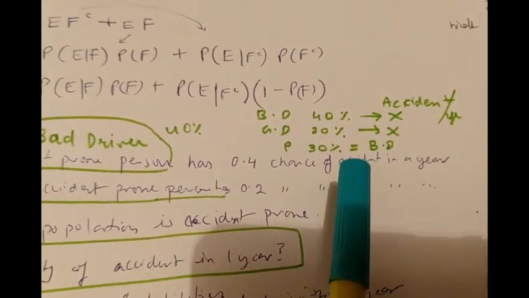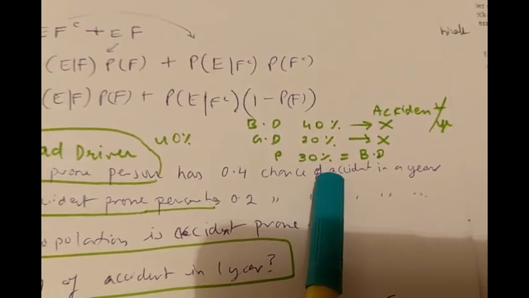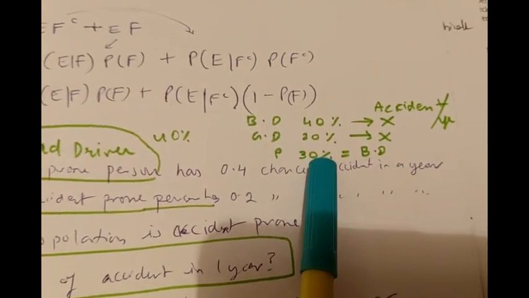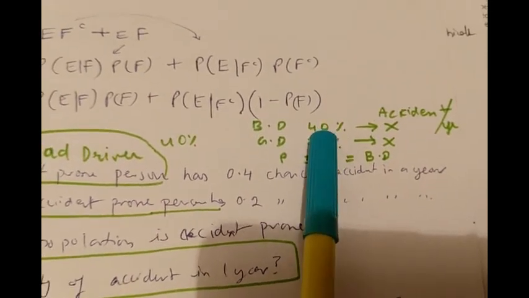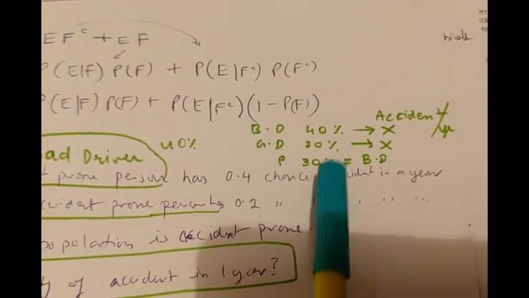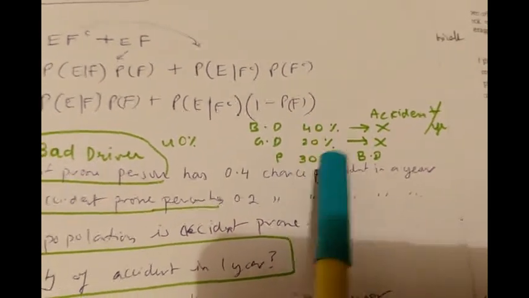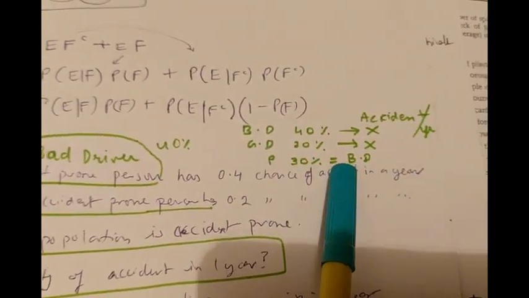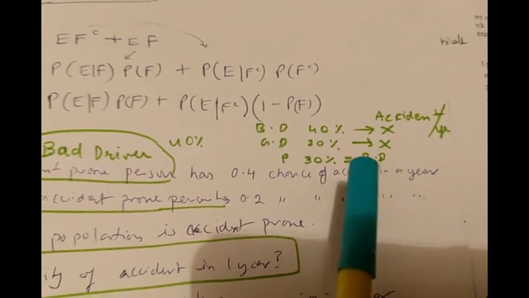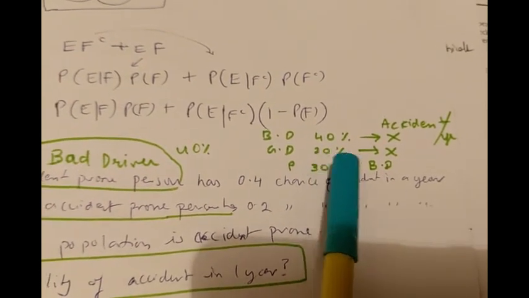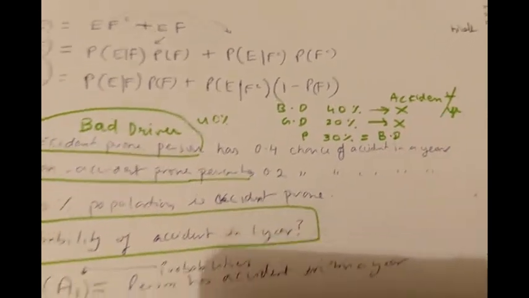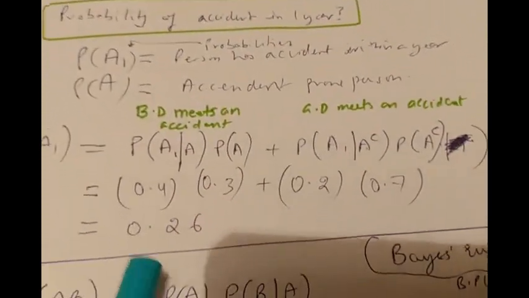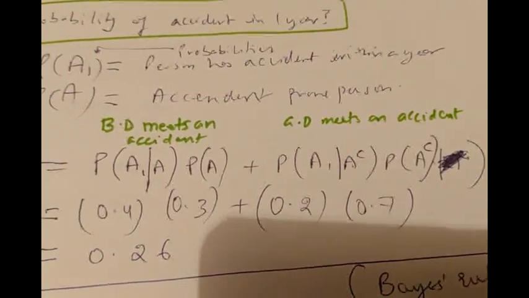So the event of accident happens with bad drivers and good drivers. 30% of bad drivers times the probability of having an accident will give you the accident per year for bad drivers. Then 70% times 20% will give you the joint event of having an accident for good drivers. So that is written here and computed here.